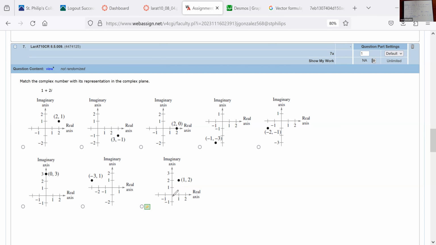So this is my i component and my real component here. If it was 4i, you would go up 4. So this is the horizontal, vertical. Does that make sense? Makes sense.